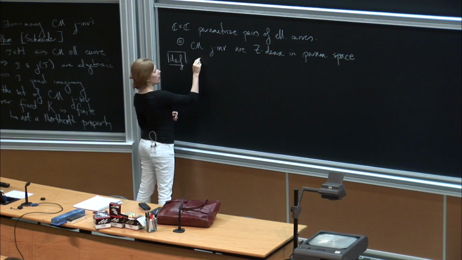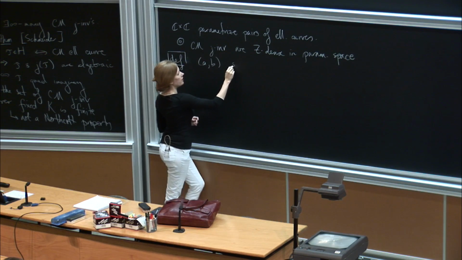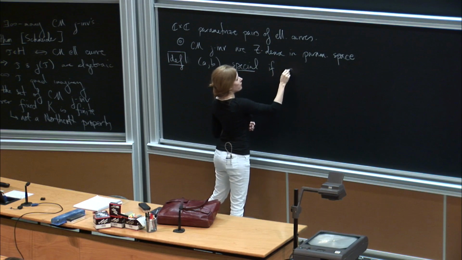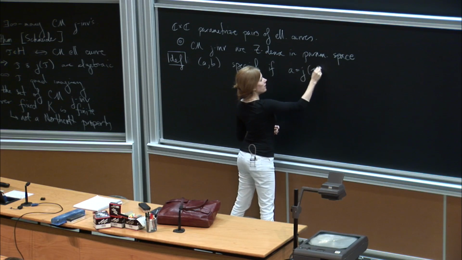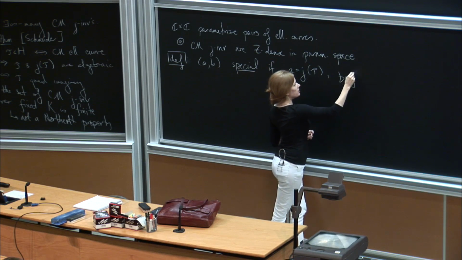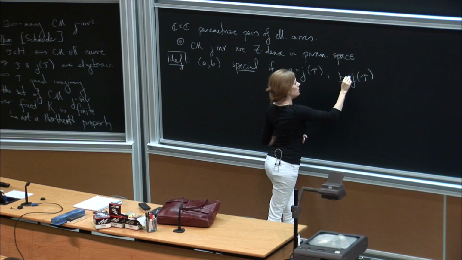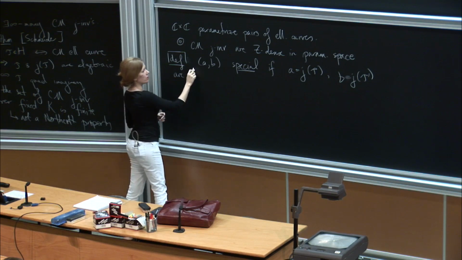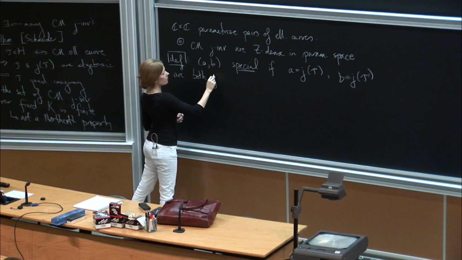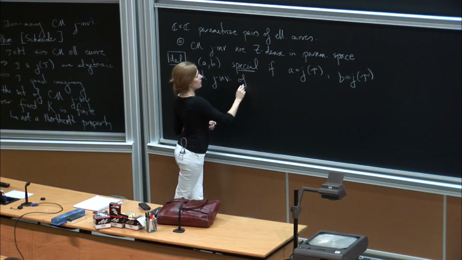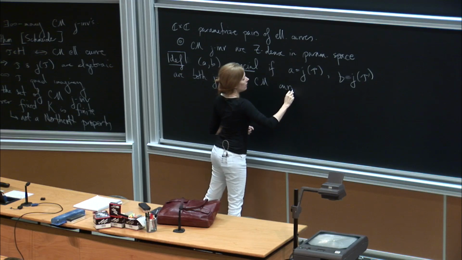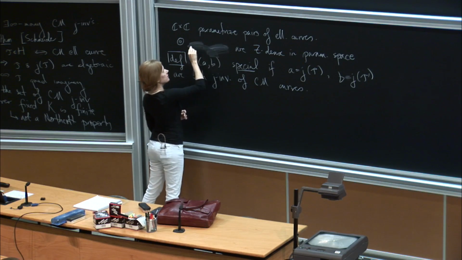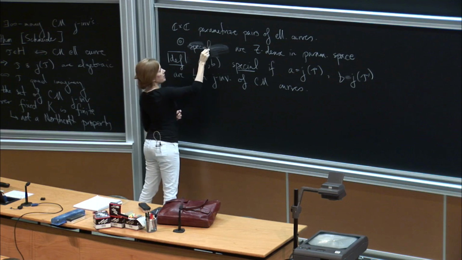In this setting, we call a point (A, B) special if A is J of tau and B is J of tau prime are both J invariants of CM curves. So more properly, let's say special points are Zariski dense in this space.